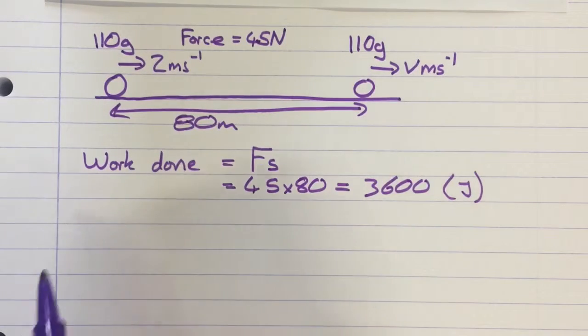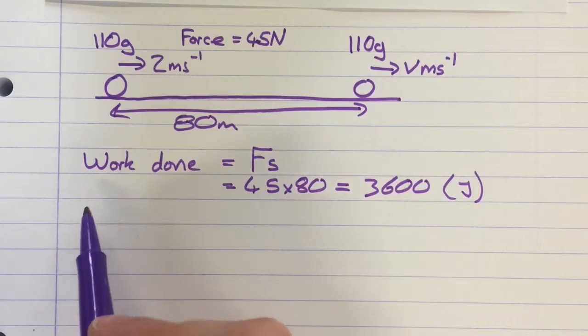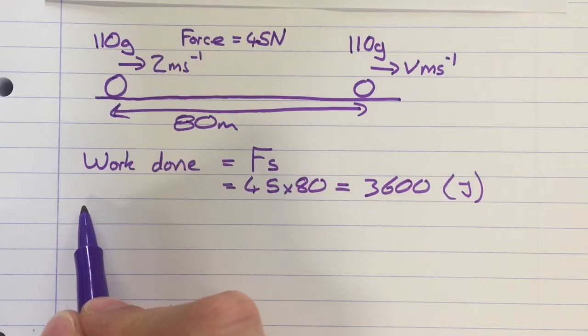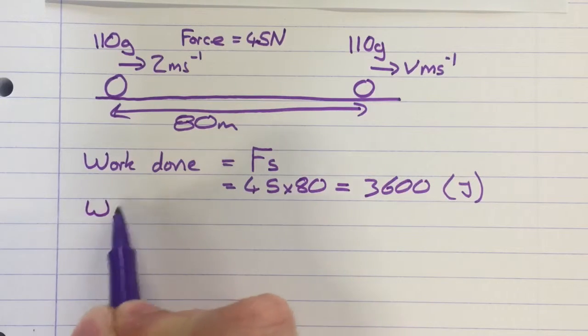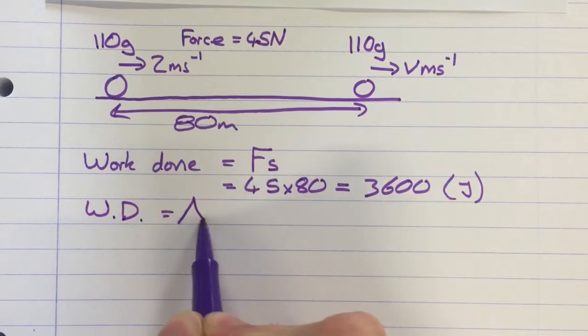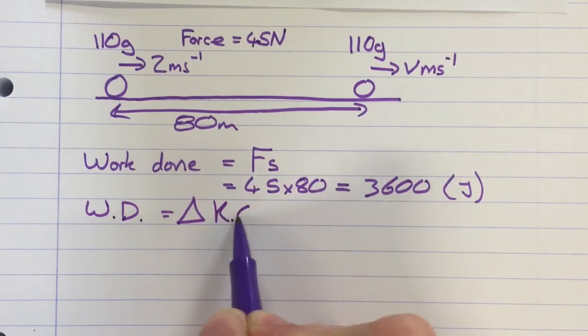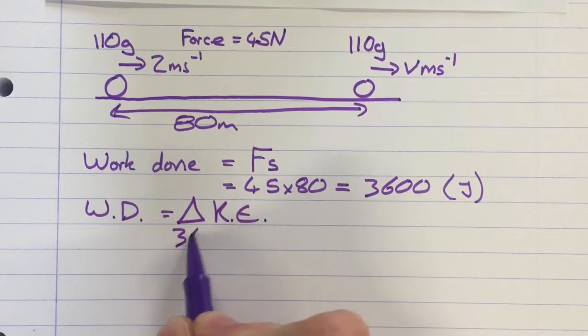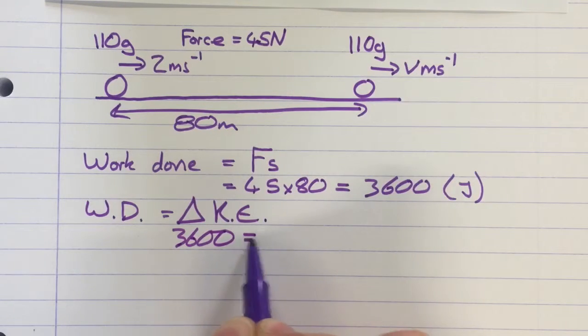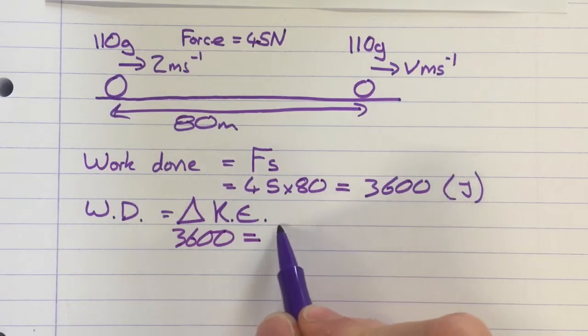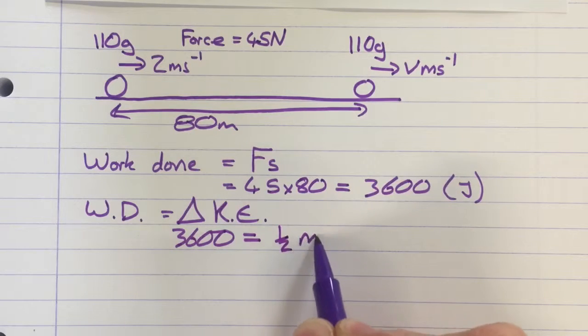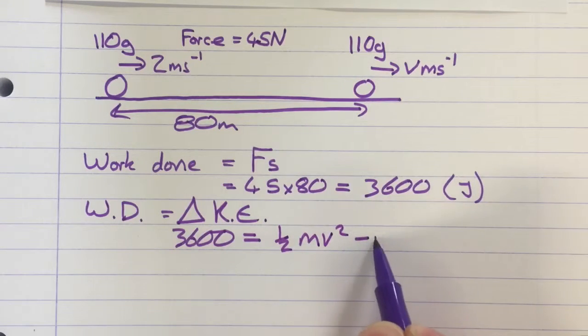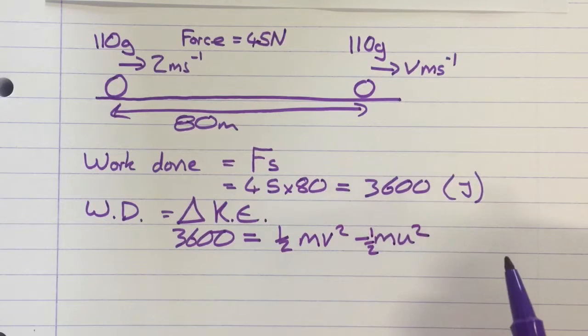Now, relating to what I talked about earlier in this section is the fact that work done is also equal to the change in kinetic energy. So in this case, that's going to give us 3,600 is equal to half mv squared minus half mu squared.